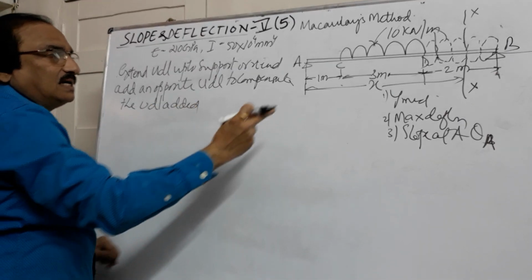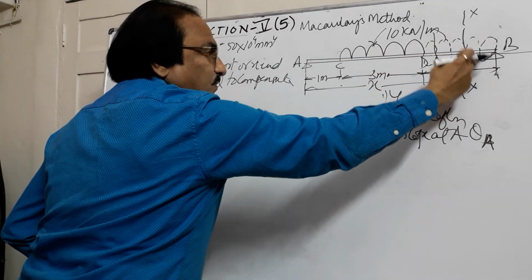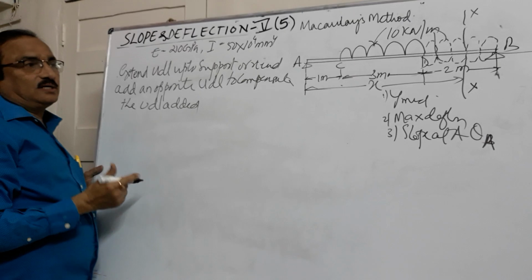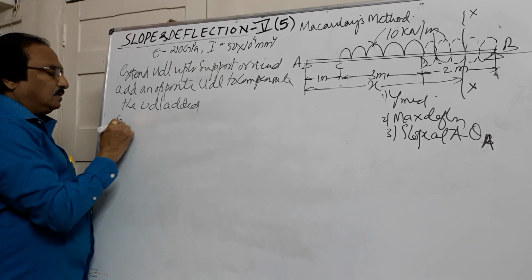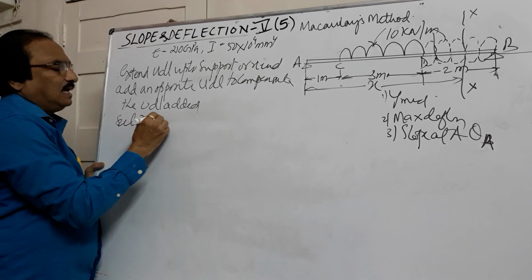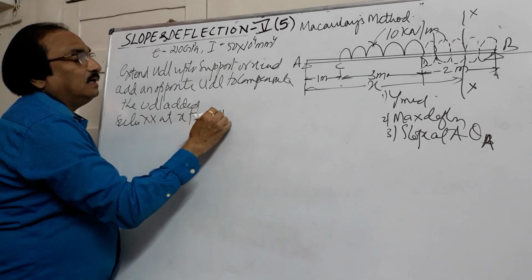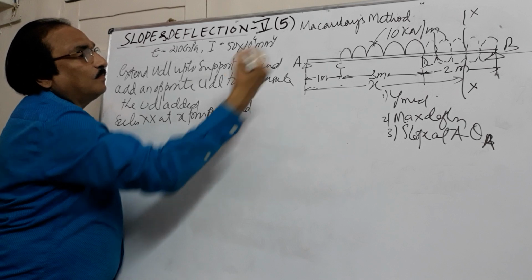Got the point? We are extending the UDL from here to the support. From there, you add an additional UDL in the opposite direction. Now let us consider section XX at x from A in the end portion.